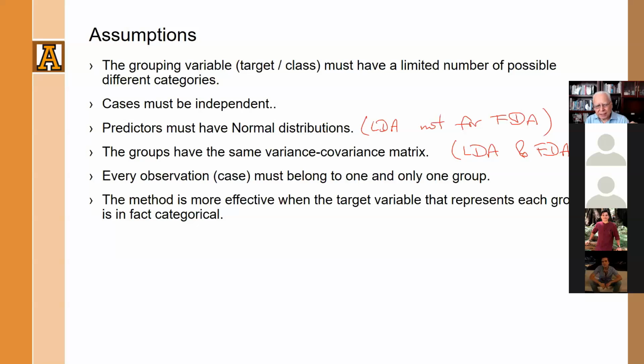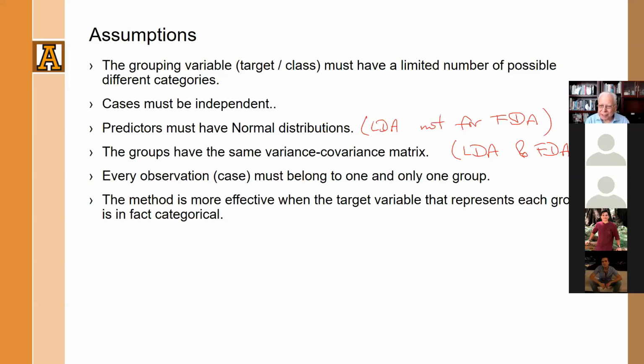Now, these methods, linear discriminant analysis and Fisher discriminant analysis, work better when the target variable, our objective variable, is actually categorical. For example, suppose I'm trying to predict the age range of some individual based on some other characteristics.